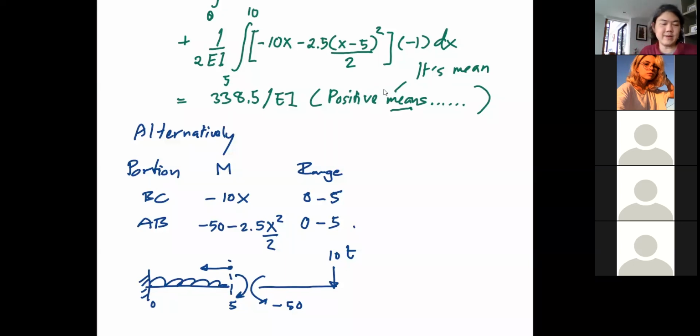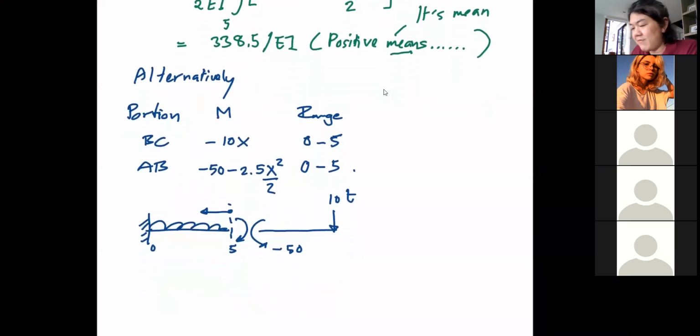So it's the same, you see, but the range is different. All right. And now things will get slightly more difficult because if I do this, my virtual work case will have to be split as well. And some of you will forget.